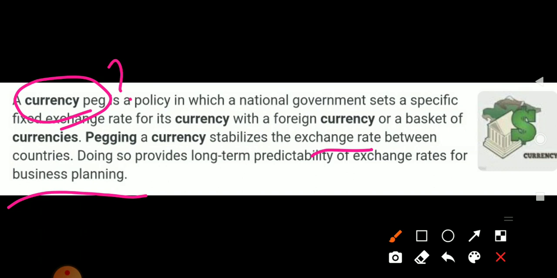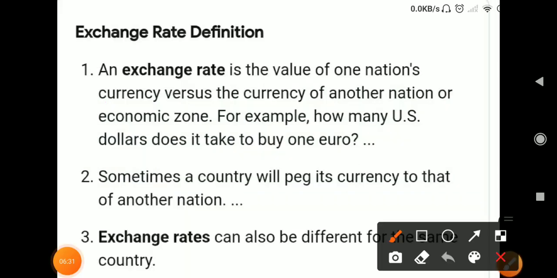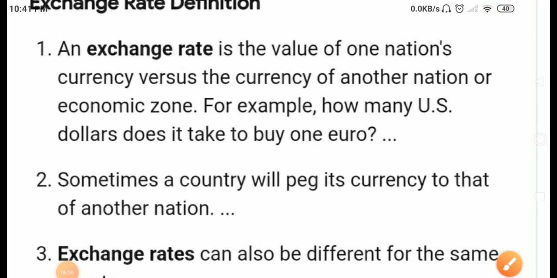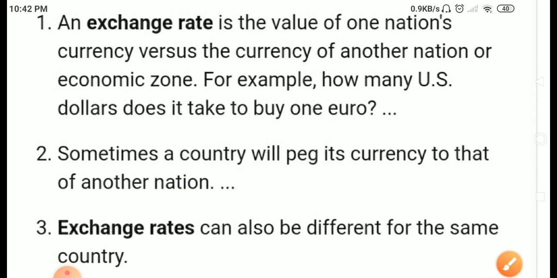This will be a very useful term, and also a very important one. So the next important point we will look at is that the exchange rate can also be different for the same country.